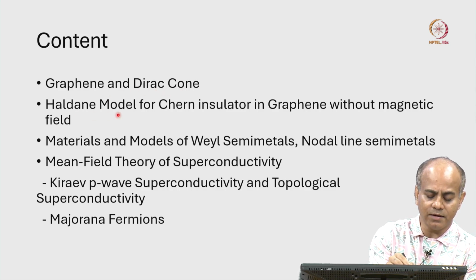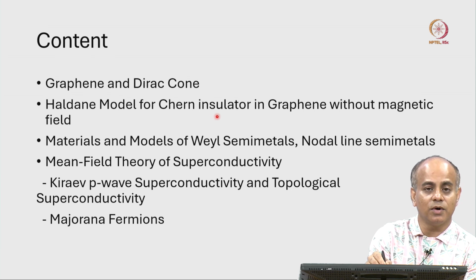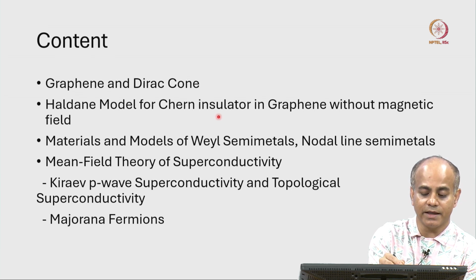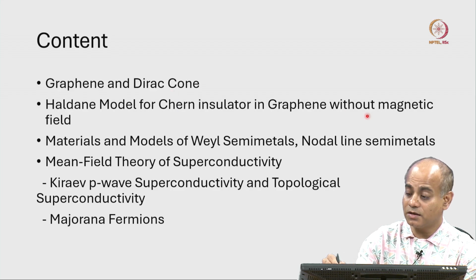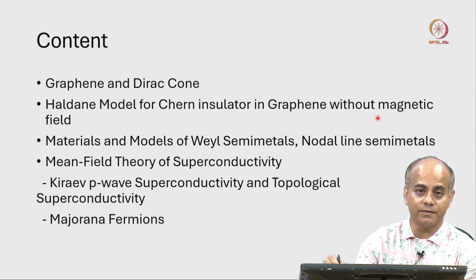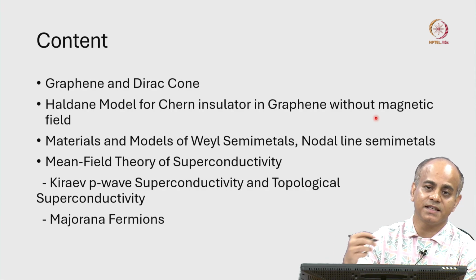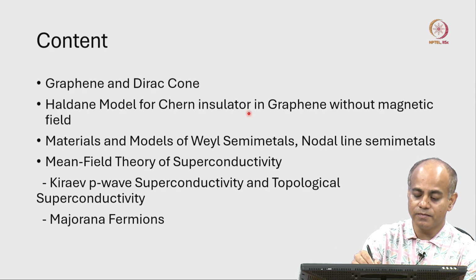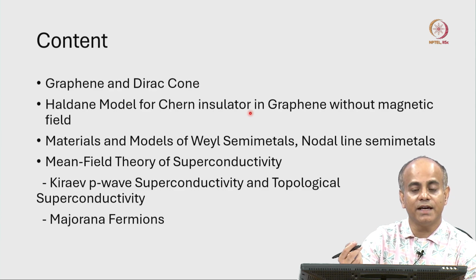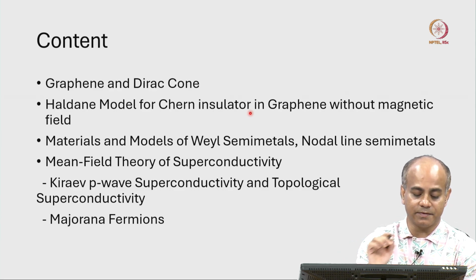Then with graphene, we want to open a gap by lifting some degeneracy around the Dirac cone, but now we want to do it without any magnetic field, with some synthetic gauge field to get a Chern insulator, which will have TKNN like invariant, but without magnetic field.